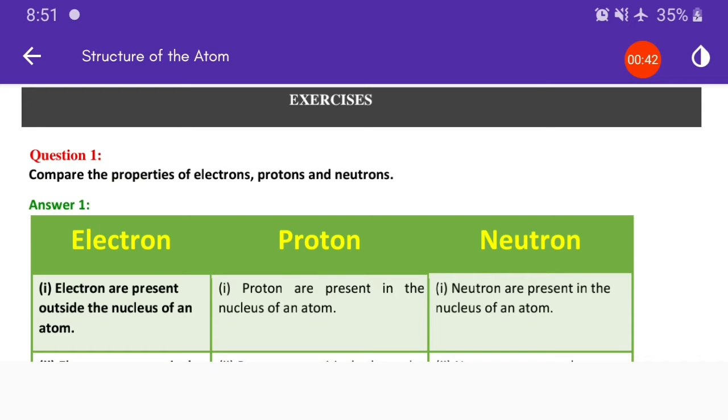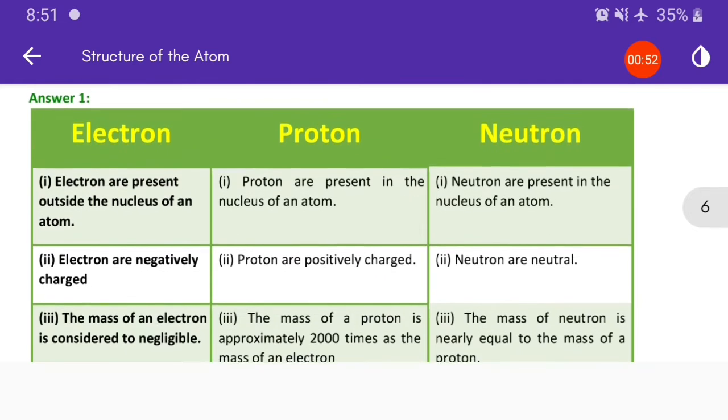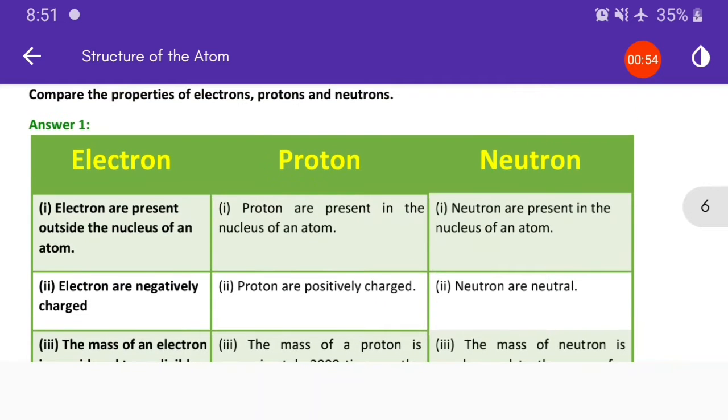Question number 1, compare the properties of electrons, protons and neutrons. This question can be asked in 3 marks. As we know, first and foremost point you can consider is their location.